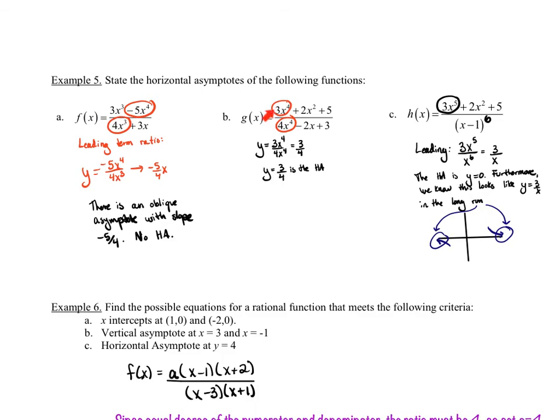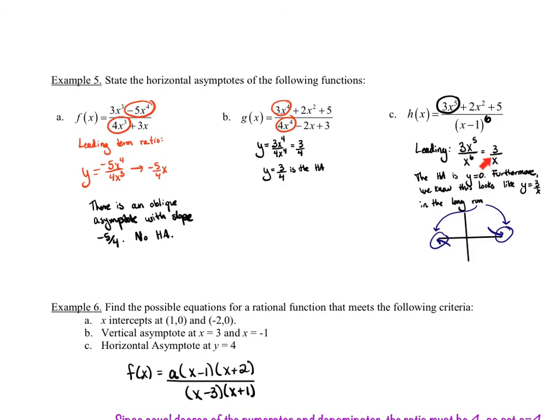In part B, both leading coefficients are written right at the front, and we can just examine their ratio, which is 3/4. That's your horizontal asymptote. And then on the last one, I changed this to an x to the 6th. So my leading terms are 3x to the 5th in the numerator, and if I were to expand everything out in the denominator, it would be x to the 6th.